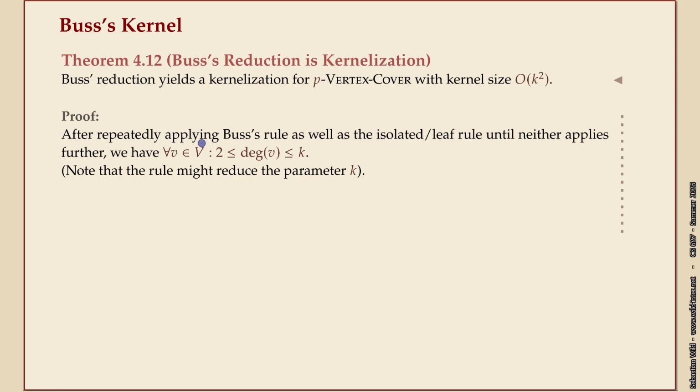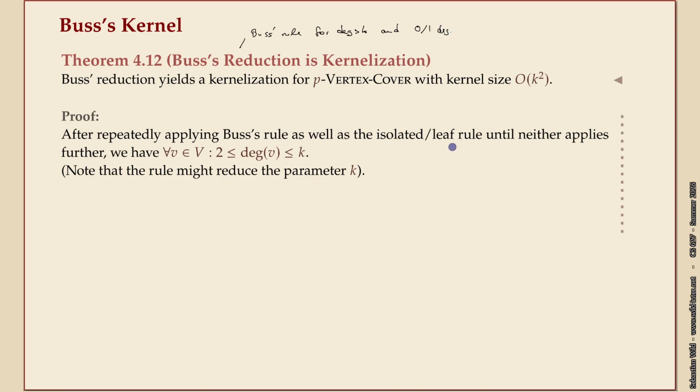I guess we also need to combine it. Buss's reduction, Buss's rule for high degree vertices, together with this simple rule from before, the 0-1 degree rule.